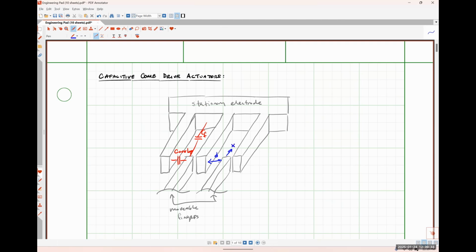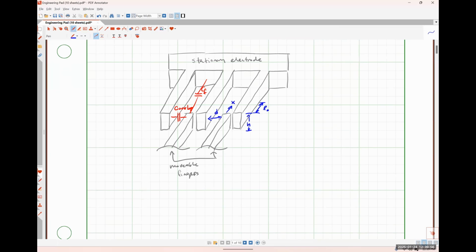This is going to be our X dimension. I didn't really draw these super well, but there is some height here. And then let's assume that there's some amount of overlap between those fingers as well, which would be in this particular dimension.